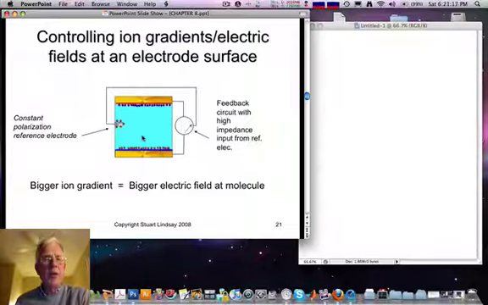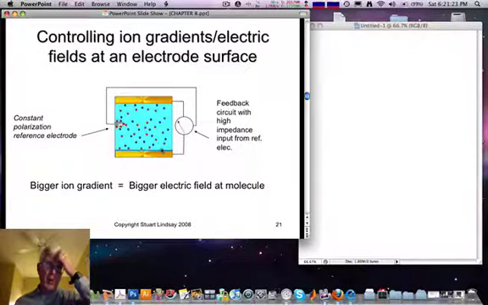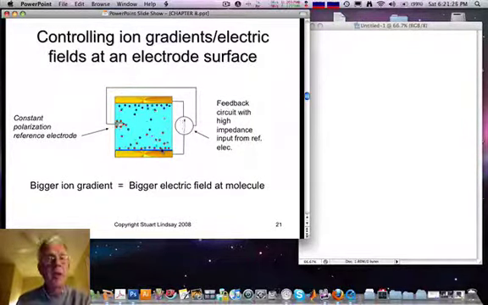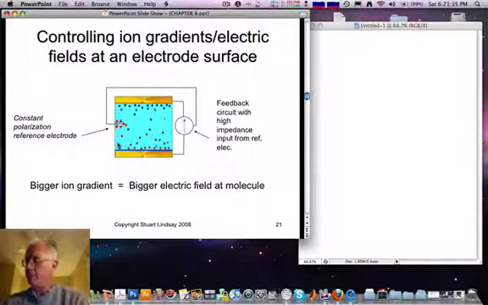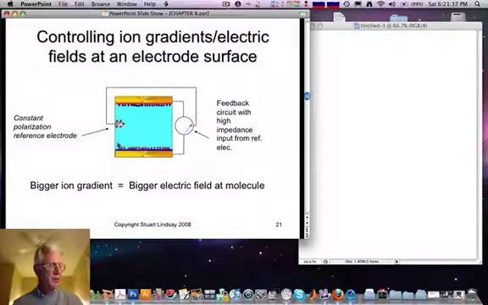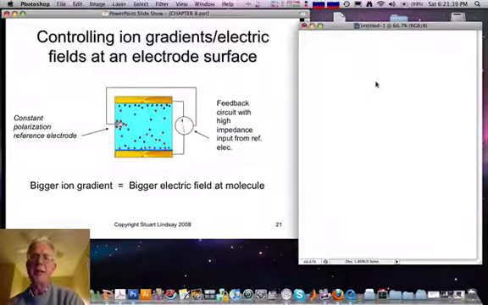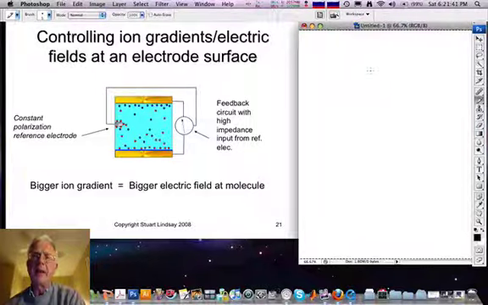Electrochemistry relies on a wonderful trick to quantify absolutely the potential drop at just one electrode. How is this done? It's done using an electrode that maintains a constant polarization as a reference electrode, shown over here. Now, in practice, the circuitry that might realize this might look something like this.